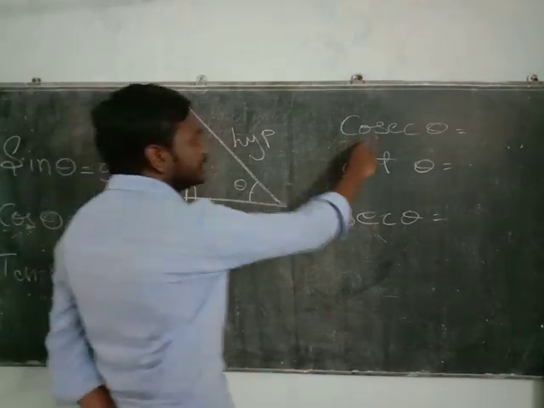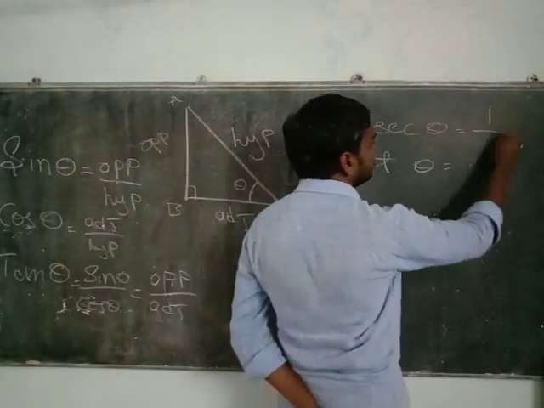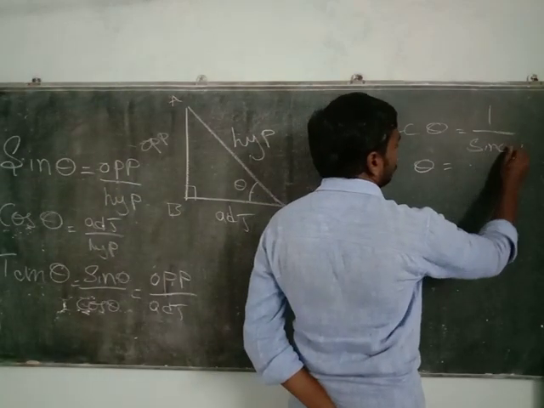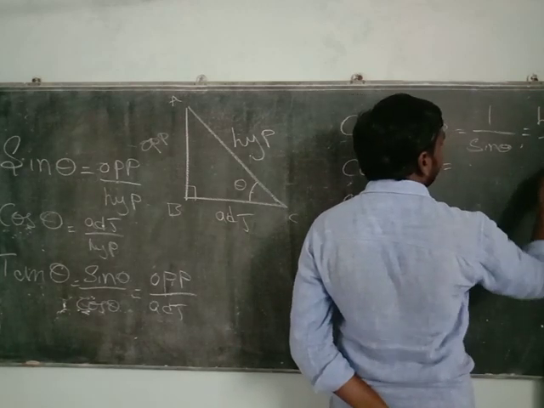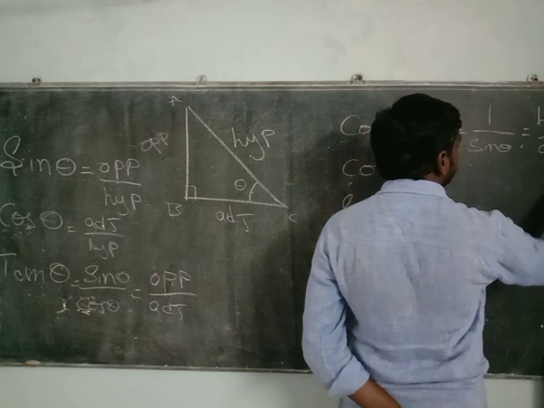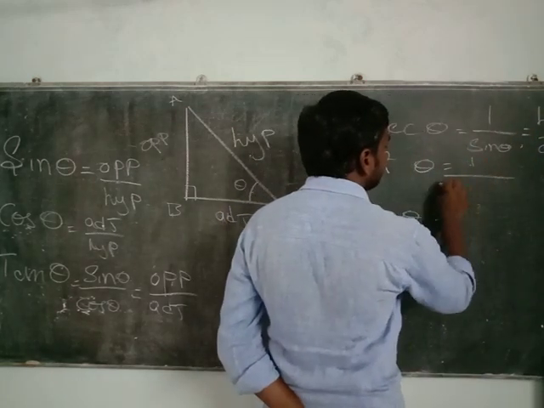Similarly, cosecant theta is the reciprocal of sin theta. That means hypotenuse divided by opposite. Cot theta means 1 by tan theta.